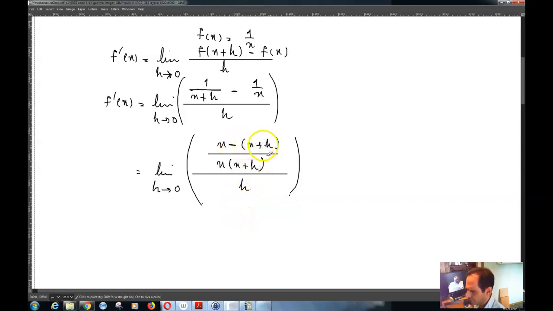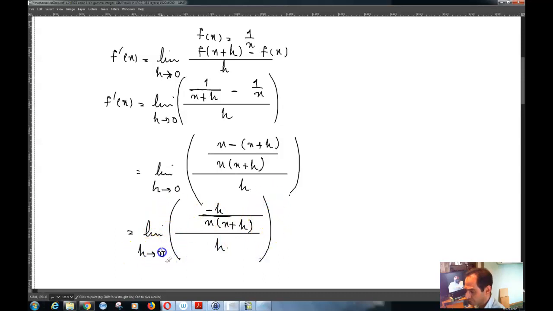And this is the same thing as the limit of x minus x, which is equal to 0, so that's a negative h over x times x plus h over h as h tends to 0.